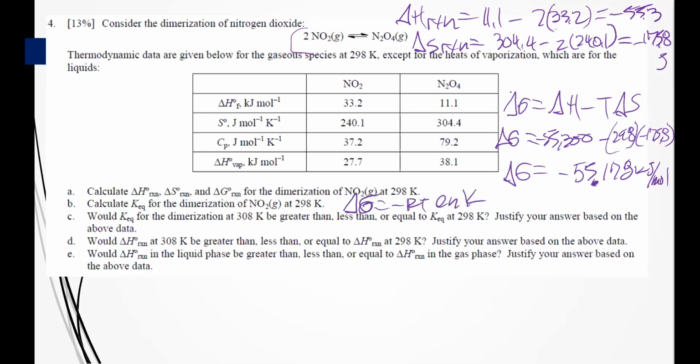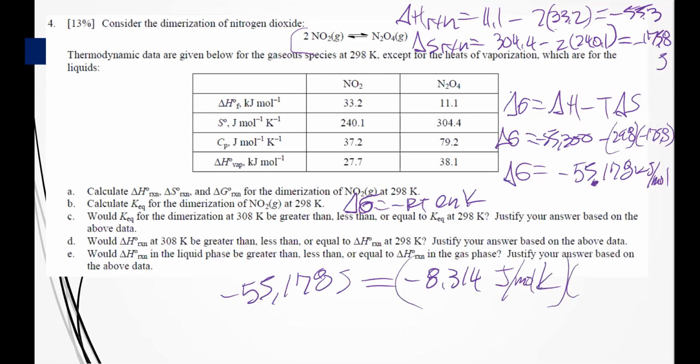So delta G is equal to negative RT ln K. And so we can plug that in as negative 55,178 joules is negative 8.314. Sorry, joules per mole K. Wrong R. 298 Kelvin, and then ln of K.